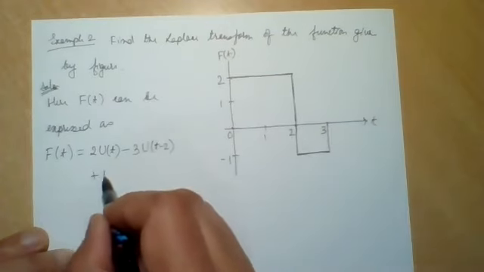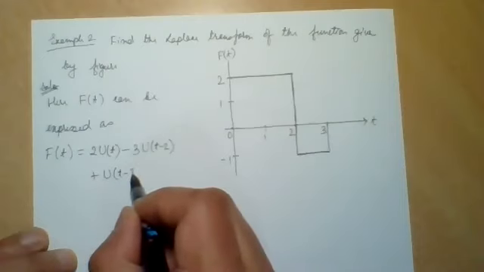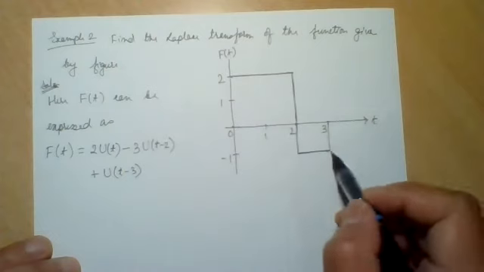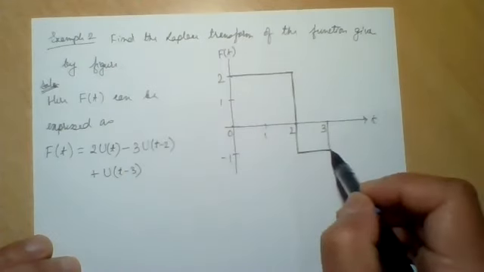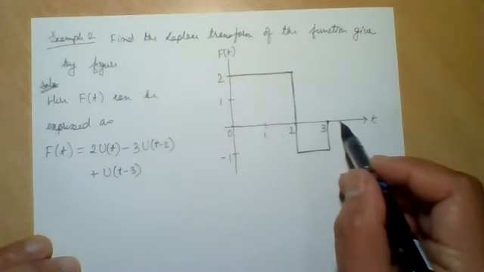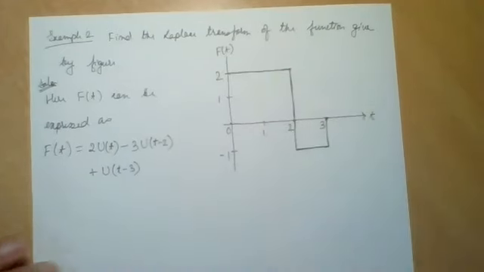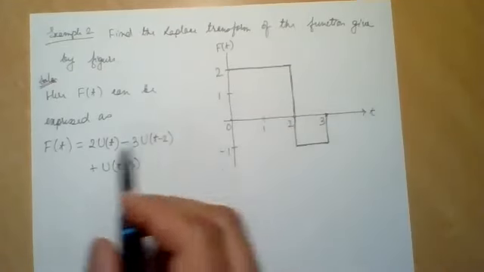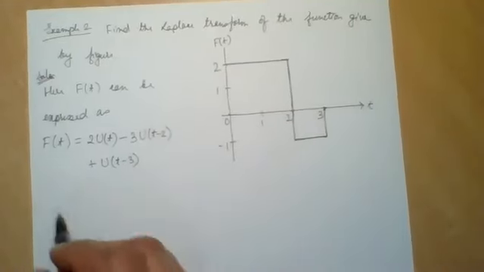We should add another u of t minus 3. At t equal to 3, I'm adding 1. So minus 1 plus 1 will be 0, and then it will continue at 0 forever.